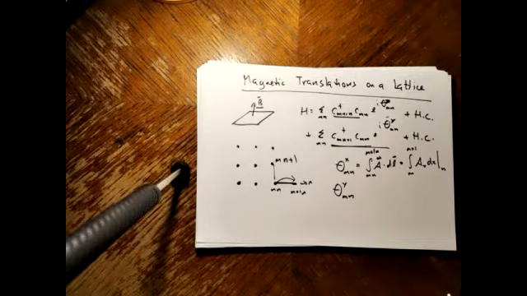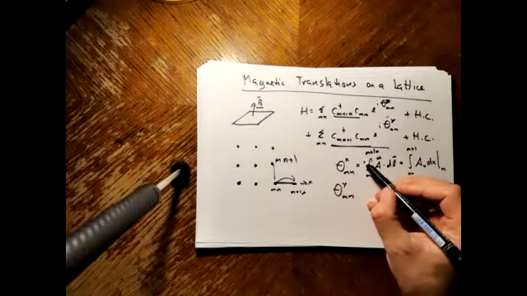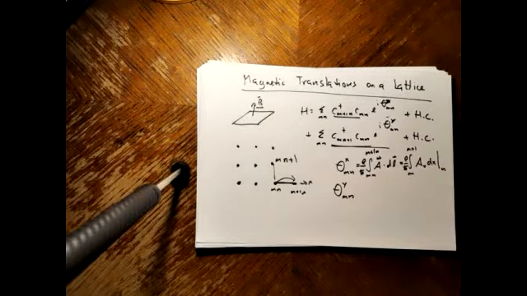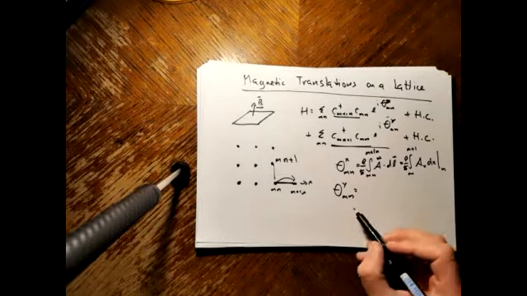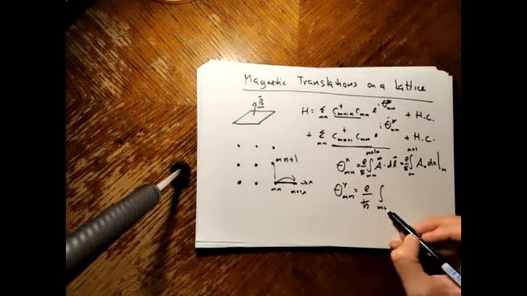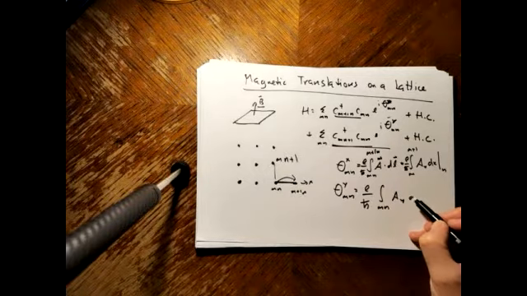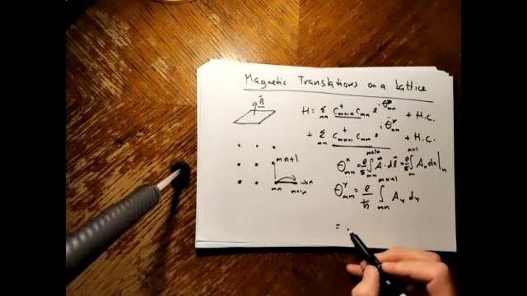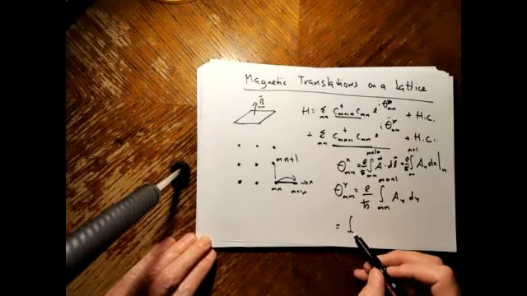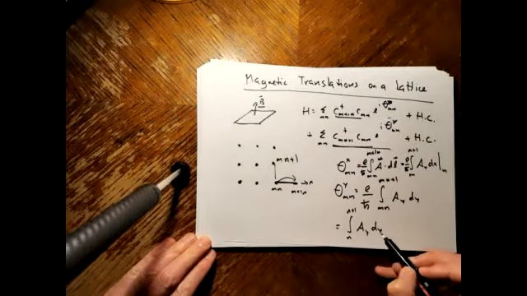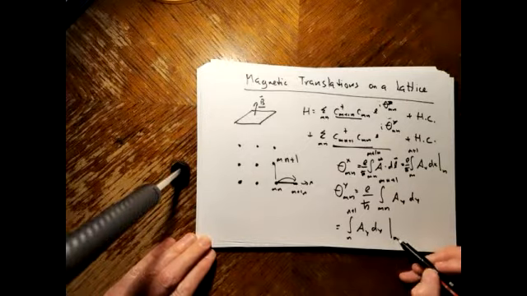Apologies, I gave you the wrong units, but both of these are multiplied by e over ħ. θ^y_{mn} is e over ħ times the integral from (m,n) to (m,n+1) of A_y dy, which we can also write as the integral from n to n+1 of A_y dy, keeping, in this case, m fixed.